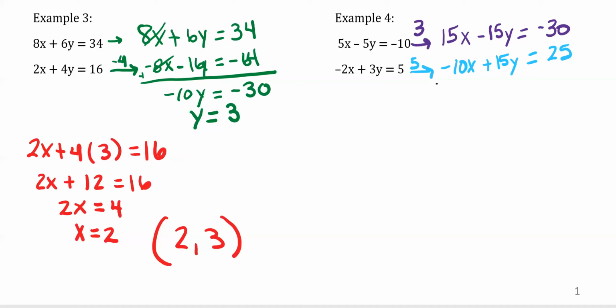And now I add the two equations. So 5x is equal to negative 5. Divide both sides by 5. X is equal to negative 1. And I'm going to substitute in negative 1 into the second equation.